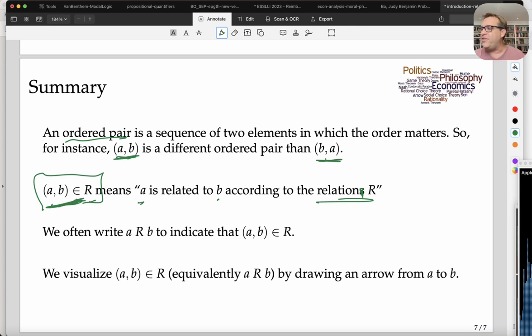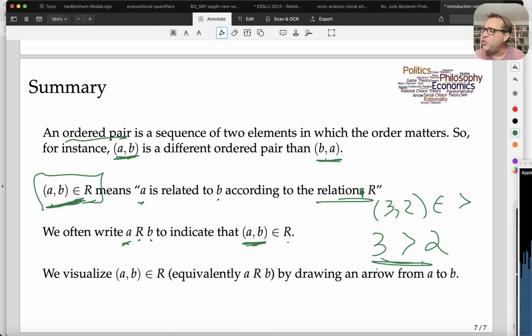Now, rather than writing AB is an element of R, we sometimes use what's called infix notation, and we write that A is related to B, and this simply indicates that the ordered pair AB is an element of R. And in fact, this is what you're used to with the greater than relation, because rather than saying 3, 2 is an element of the greater than relation, you would write 3 is greater than 2.